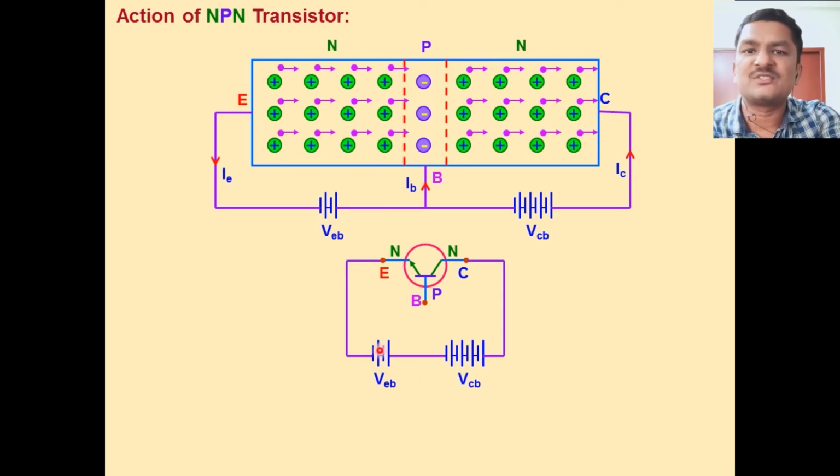In some textbooks they mention VBE also, voltage across emitter and base. And this is voltage across collector and base, VCB. In some books they mention VBC also, both are the same. VCB, voltage across collector and base.